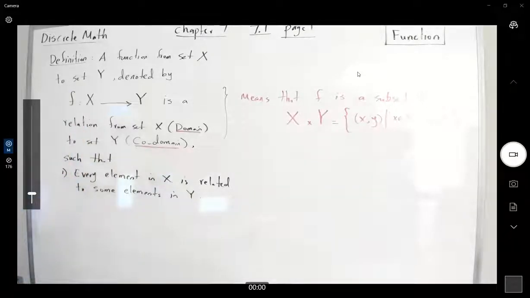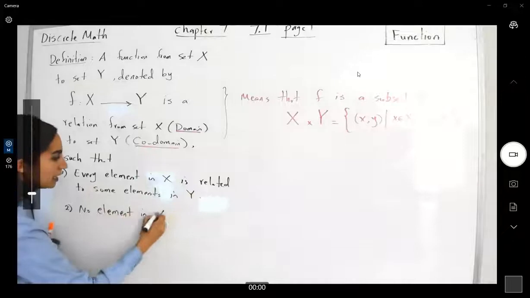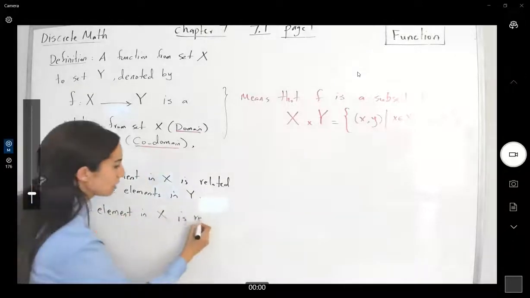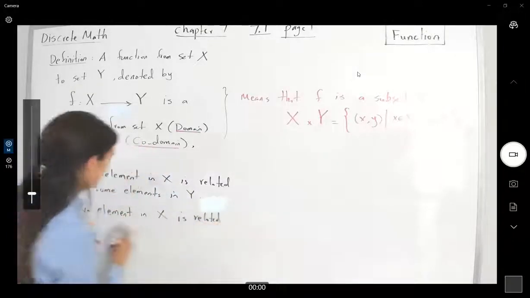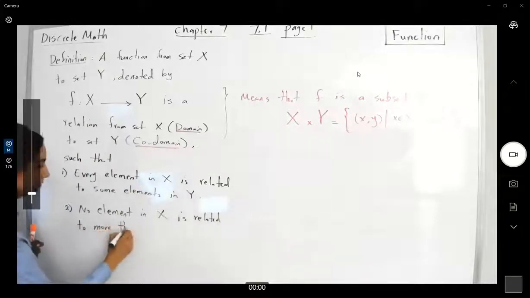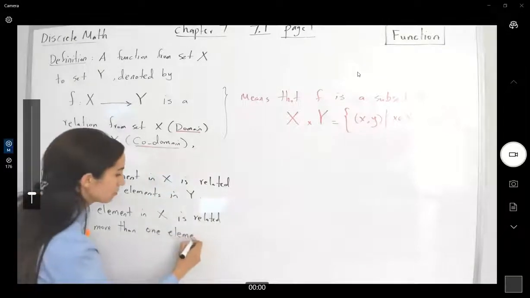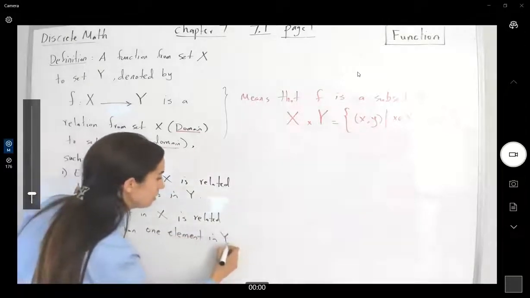Then, no element in X is related to more than one element in Y.